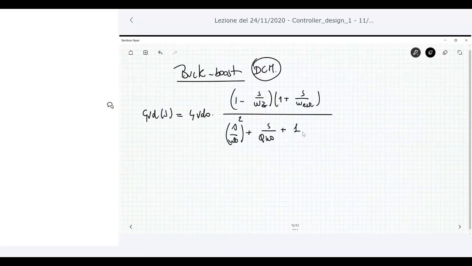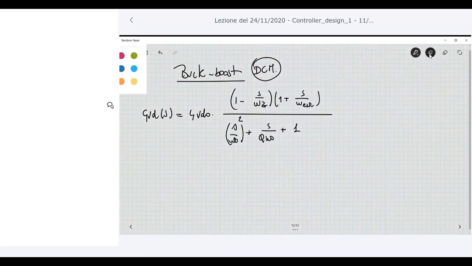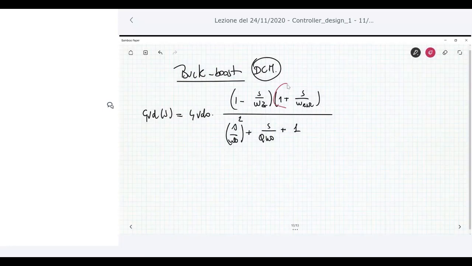Okay, the same expression as before because it's the general expression. Now we have the expression that gives you the omega ESR, and this is ESR C naught, the same as before.